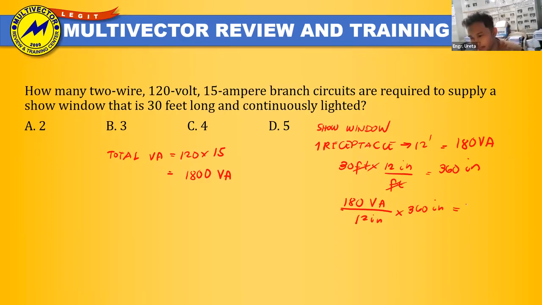So 180 times 360, divided by 12, is 5,400. Okay, yung tamang sagot dito is 1,800.